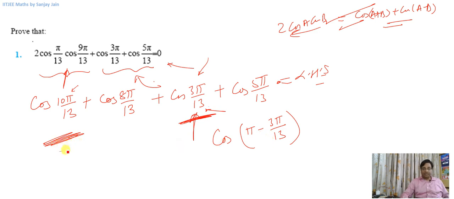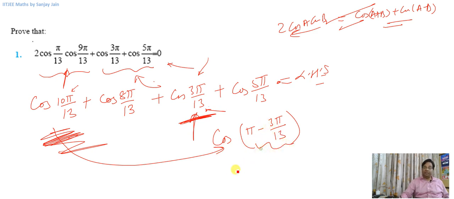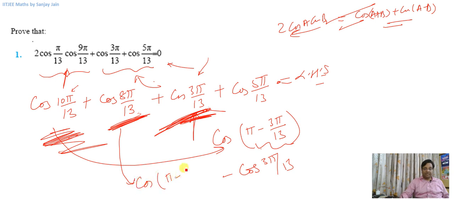This is 10 pi by 13 inside this bracket, but when you open it, you will get minus cos 3 pi by 13, which will be cancelled with this expression here. Similarly, you can write this expression as cos of pi minus 5 pi by 13.